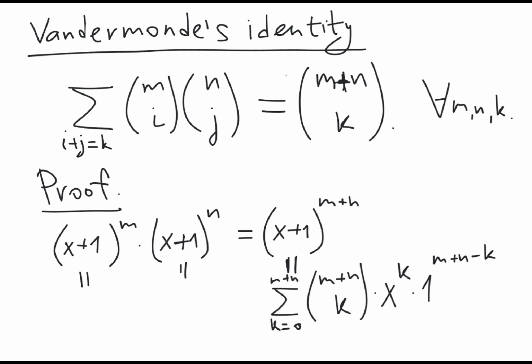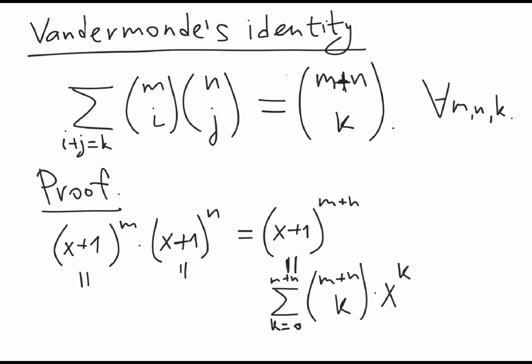So 1 to the power m plus n minus k is just always 1. We can just forget about this. I'm going to remove it completely. So what remains is only this.